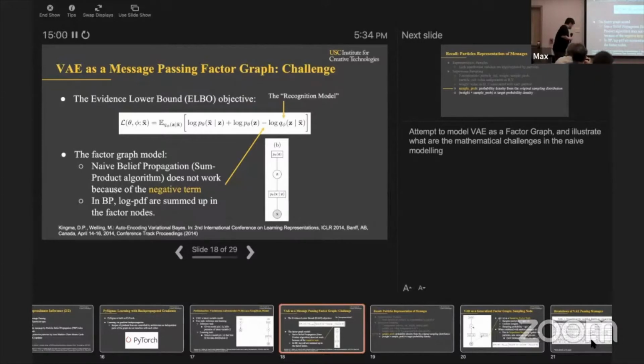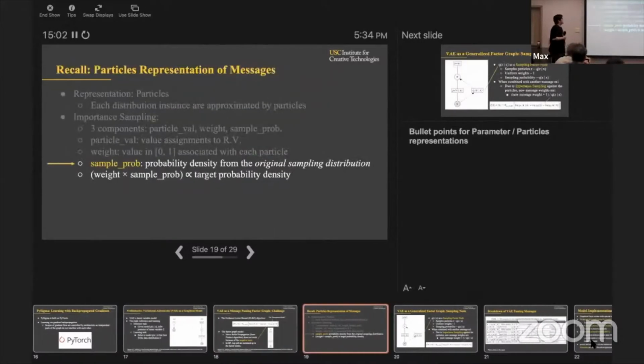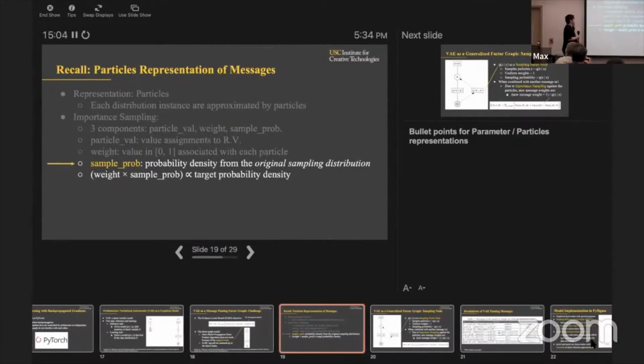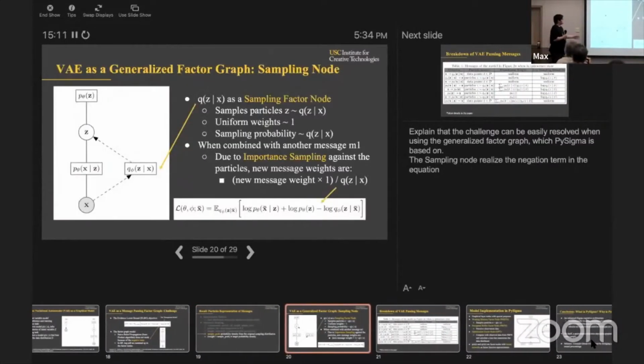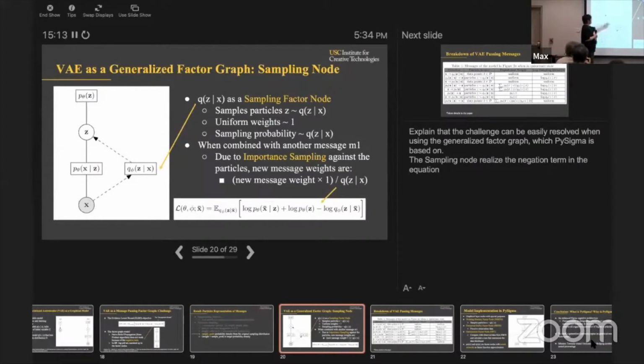How we resolve this issue is that, in the particle representation of the message, we have this sampling probability term. Therefore, we can introduce an additional directed pathway that leads to the augmented factor graph. This node you can treat as a sampling factor node, where you sample particles from this distribution with uniform weights, but not uniform sampling probability, which is exactly this term here, the probability density.